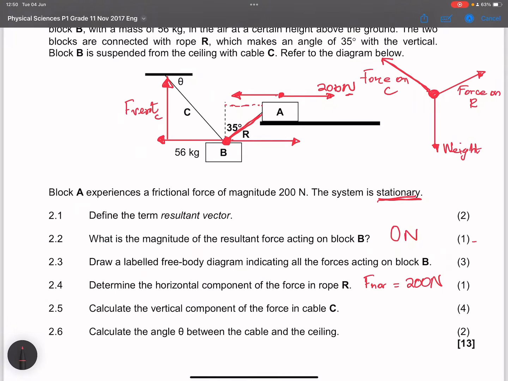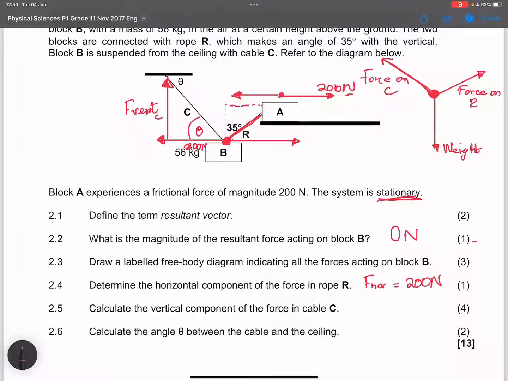Now if I look at this and take the alternating angles, that should be theta as well. But what else do we know? We know that the horizontal component of that force should also be 200 newtons.